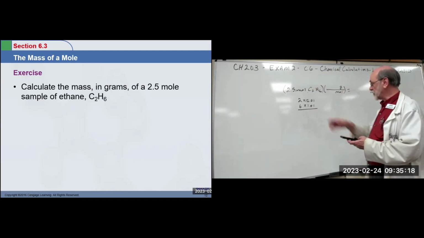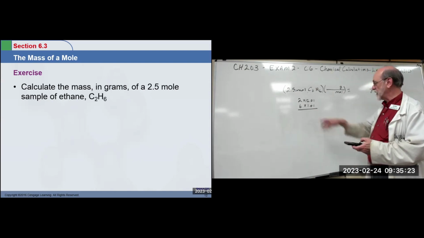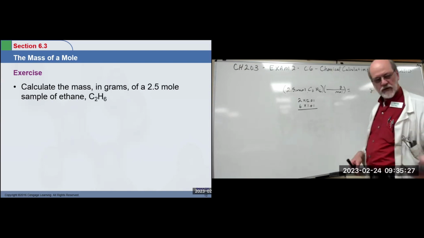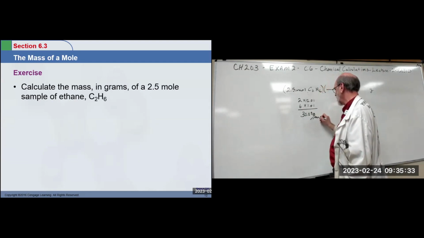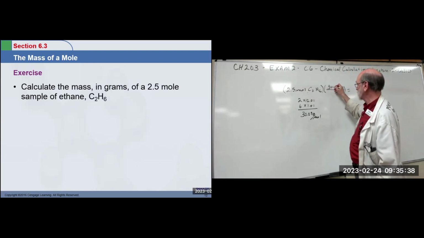So let's see, that first one is 24.02. And then the bottom one is 6.06. That's 30.08. 30.08 grams per mole. So we got grams on the top, moles on the bottom. We just put it in like this.